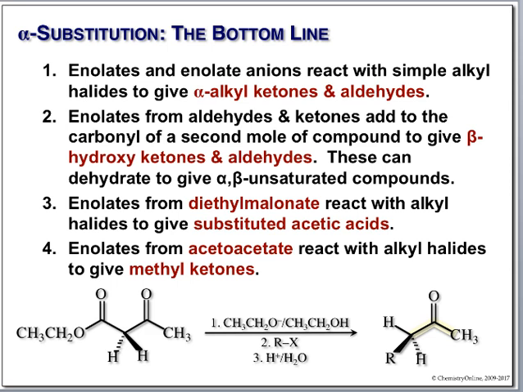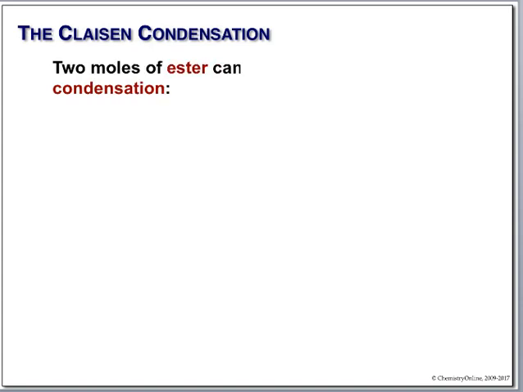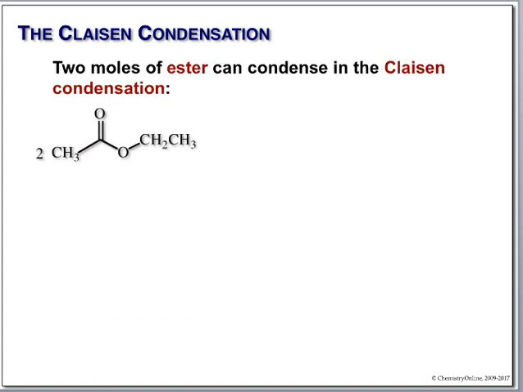All right, guys, there's one more biggie here. This is called the Claisen condensation. What if we took ethyl acetate, plain old ethyl acetate, and we dumped it into a strong base?